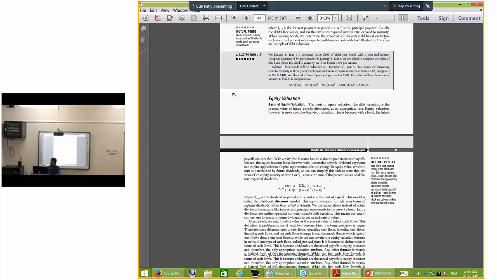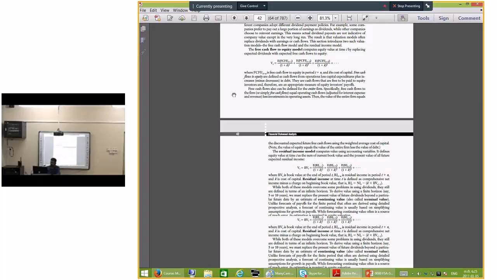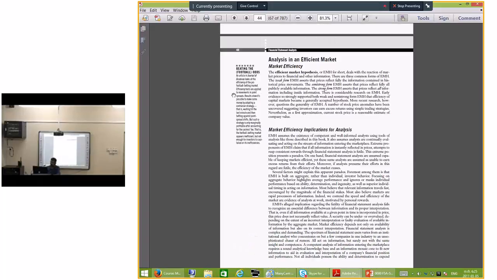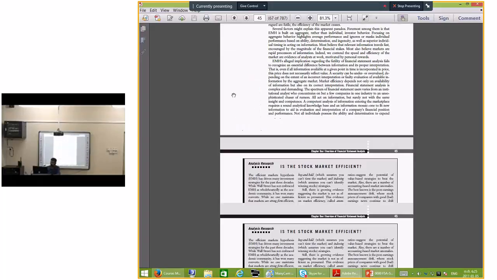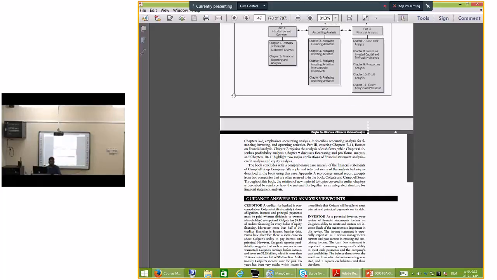Equity valuation here, valuation models, and in addition to that, you can use this book. This is also a very important book.